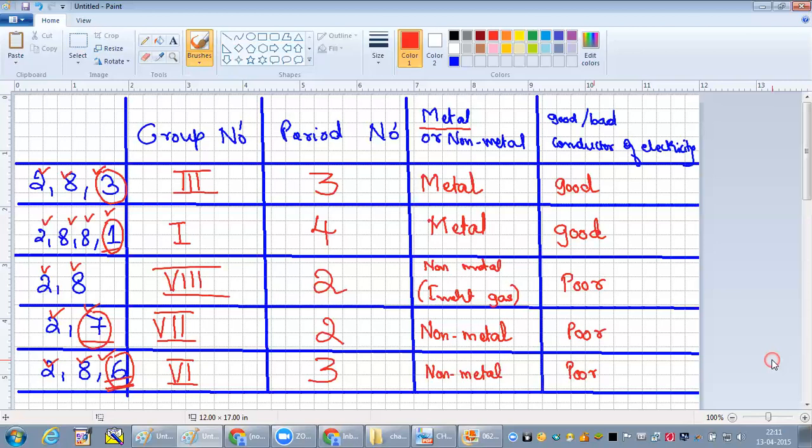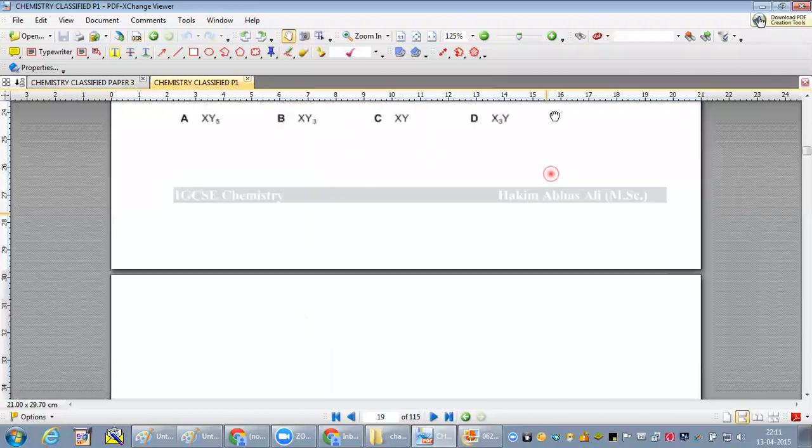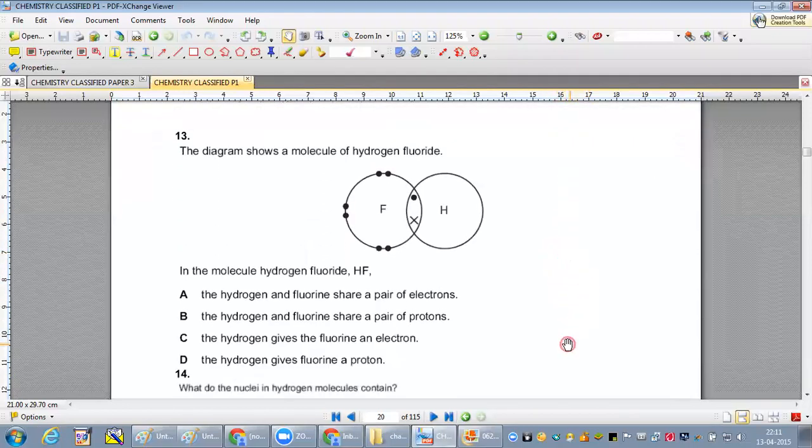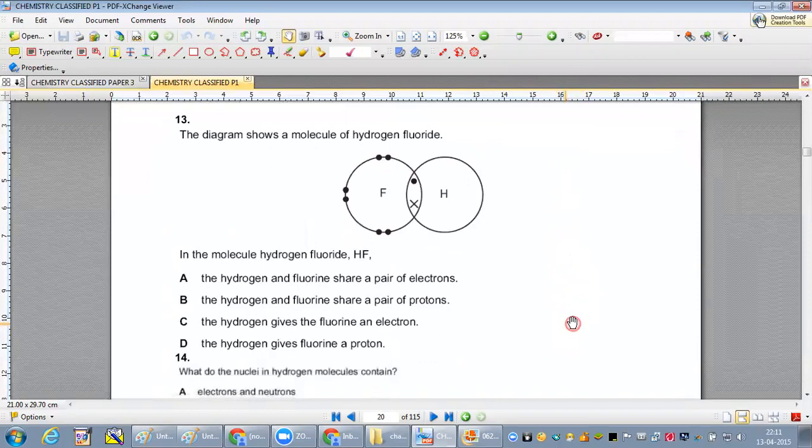Yes, we'll go ahead with the next question. Again, this question is related to covalent bonding. And obviously here you can see the orbits.